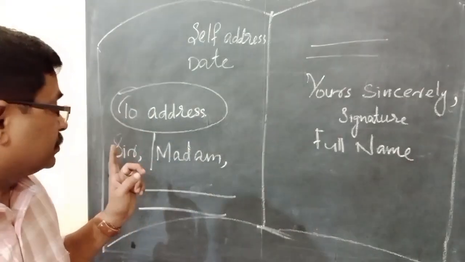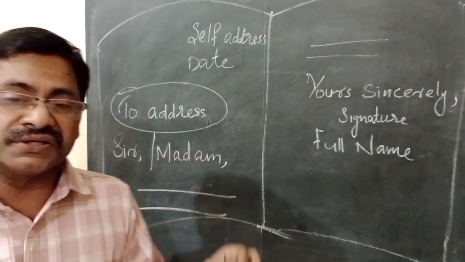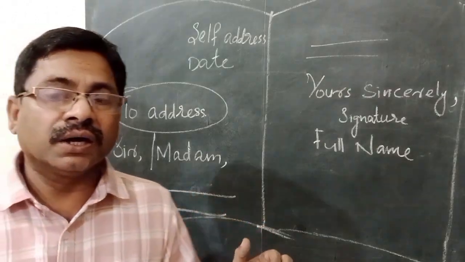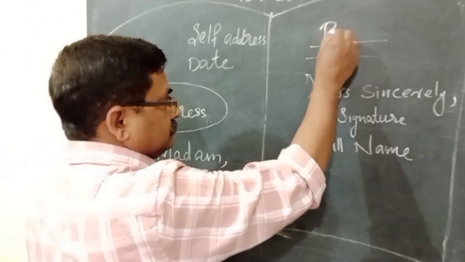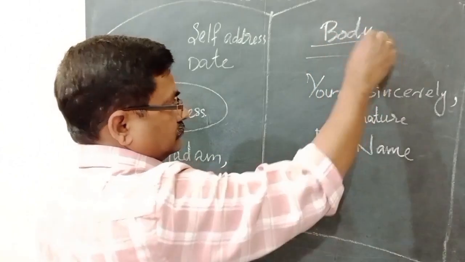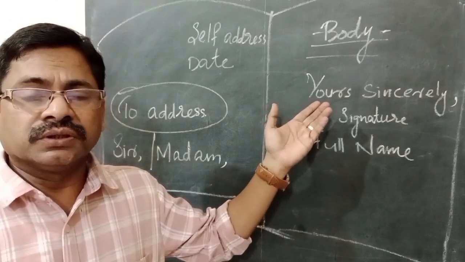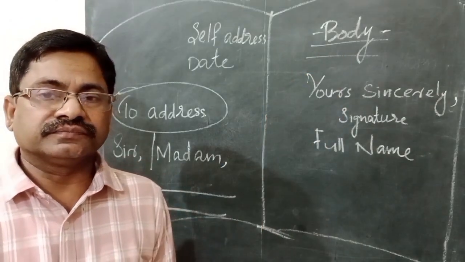Next you have to write sir or madam, and a comma after the salutation is mandatory. Next we can go through the body of the letter. You can use 3 paragraphs in the body of the letter.